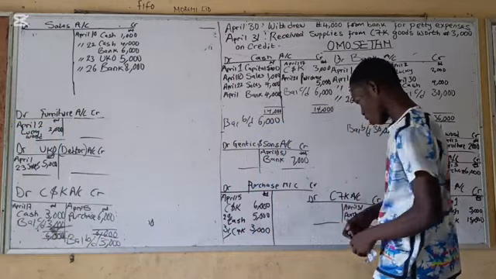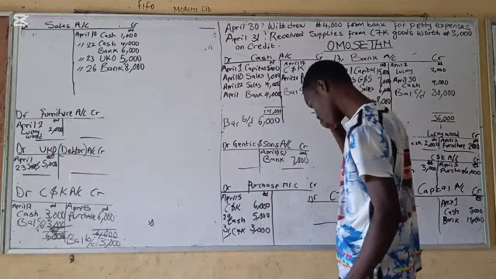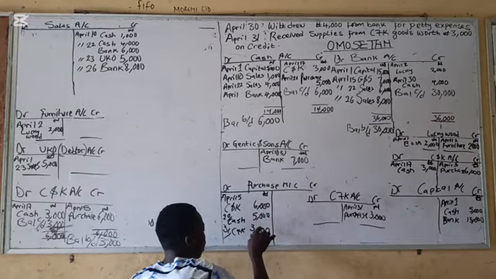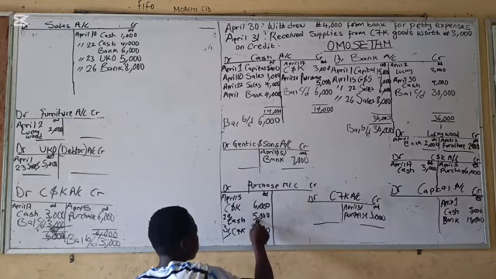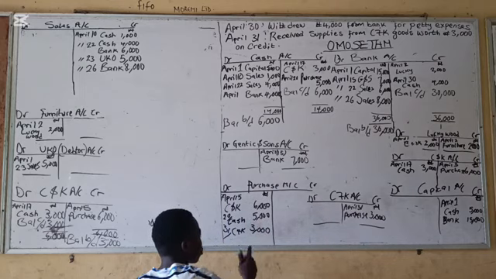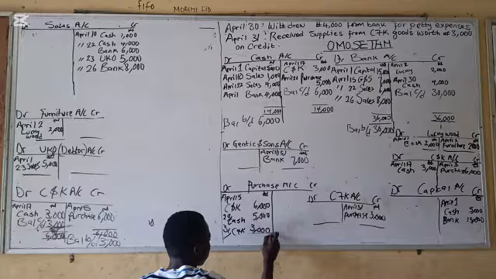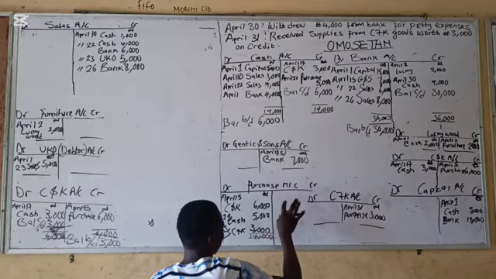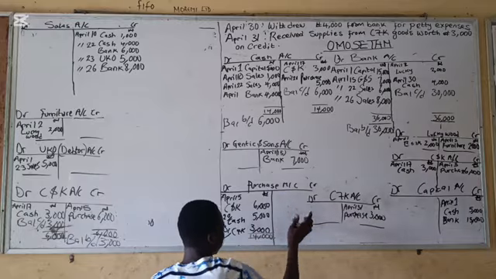Now let's move here again. Here also, the total here is going to be 15,000. So this plus this is 11,000 plus 3,000, that is 14,000. So the total is 14,000, right? So you are going to have the balance carried down here.